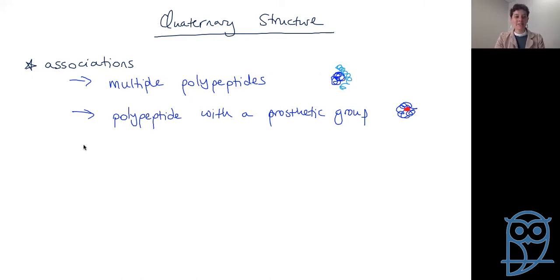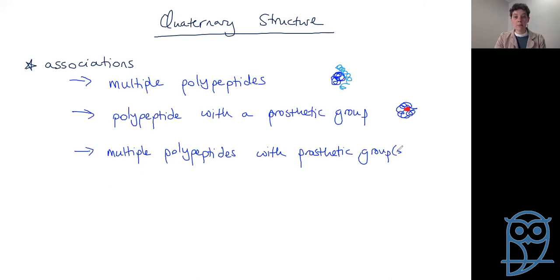Our last option combines all of the above. We could have multiple polypeptides with prosthetic groups. Maybe one, maybe more than one.